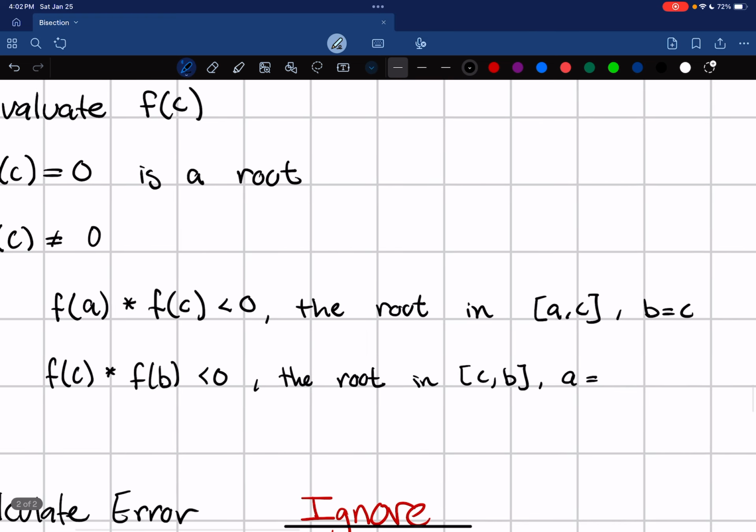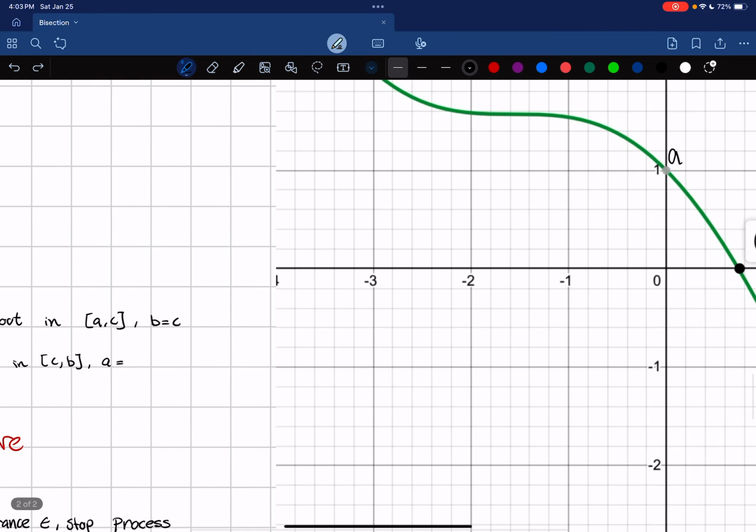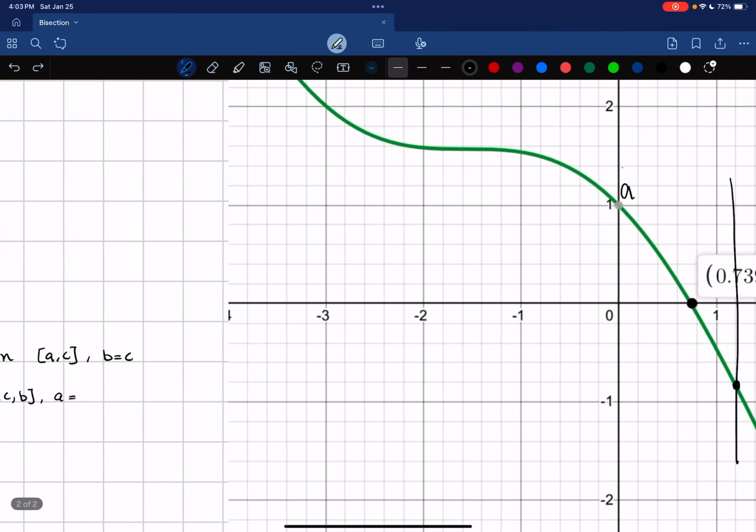What I'm going to do is take the function at A and multiply it by the function at C. My A in this case is 0, but this A can be anything. My A is positive in this scenario. Okay, I'll just rewrite it. Let's say my A in this scenario is not 0.